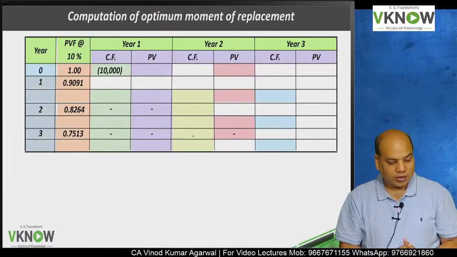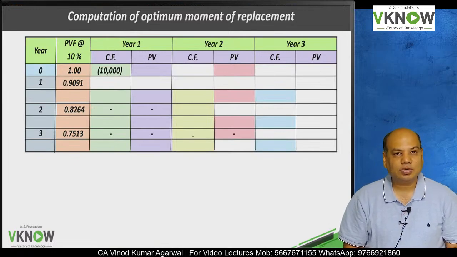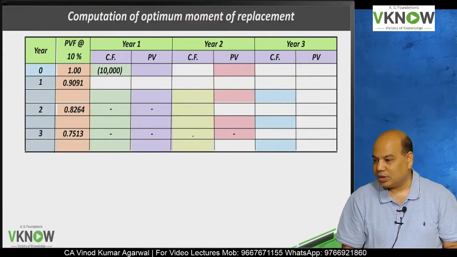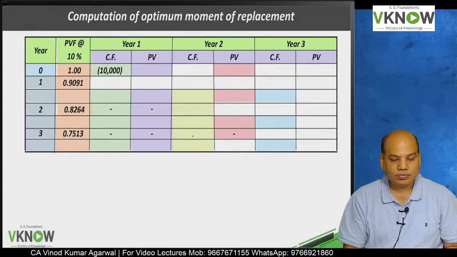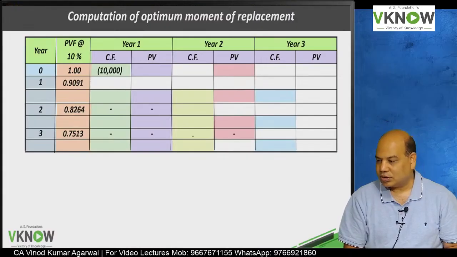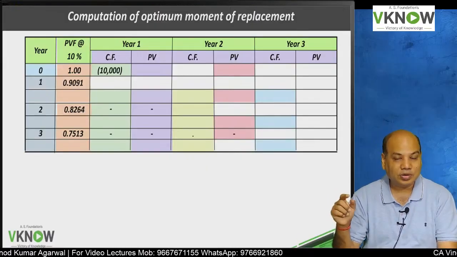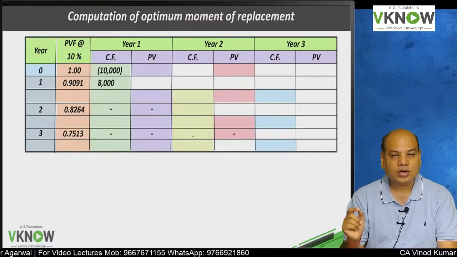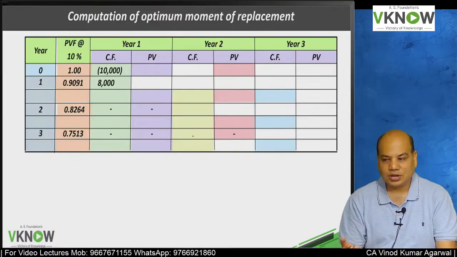So quickly reply, if you are going to use it only for 1 year and then sell it and you are not likely to retain it for the next year, would you incur repair cost? Just say yes or no. The answer is no, because in the problem it is given, not because I am saying. Problem says you will not incur repair cost if you don't want to retain it for the next year.